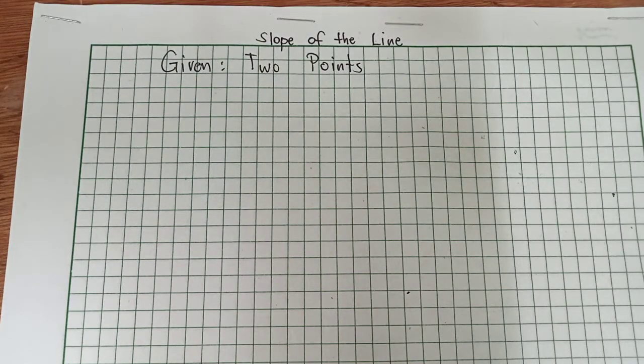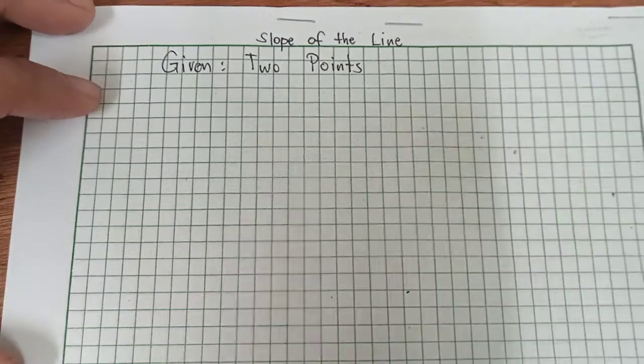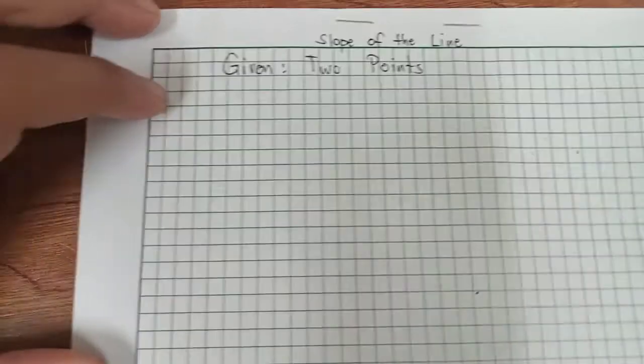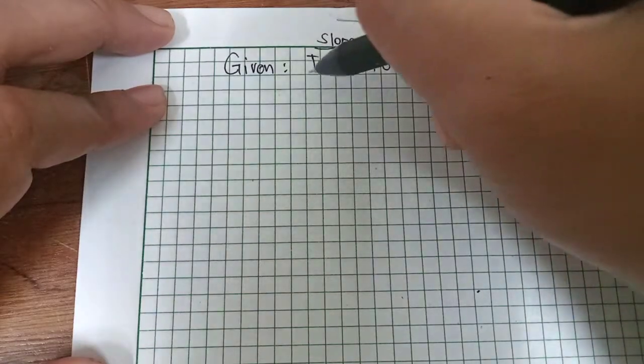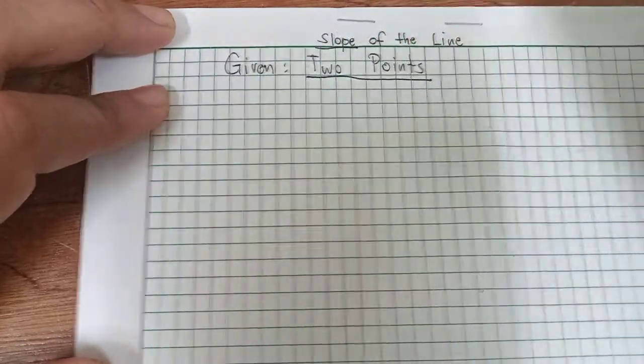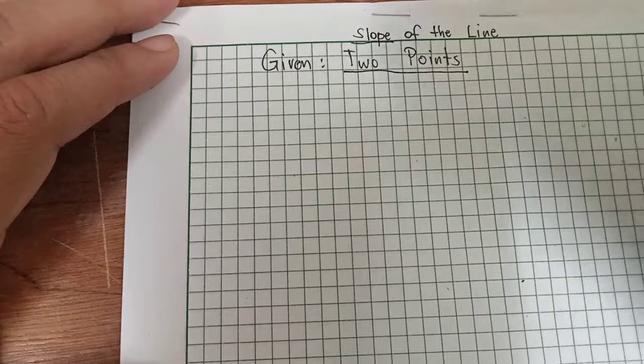By the way, in your module, it is provided there the definition and the illustration of how we are going to solve for the slope. And what I'm going to show you here are just examples directly. So if you are going to solve for the slope, then the given is 2 points. We're going to use this formula.